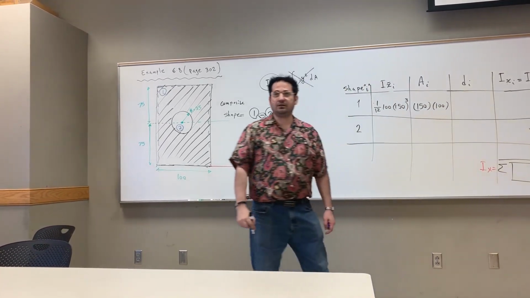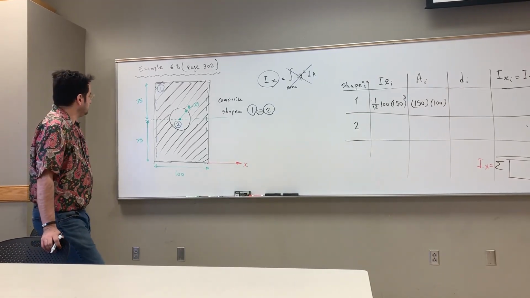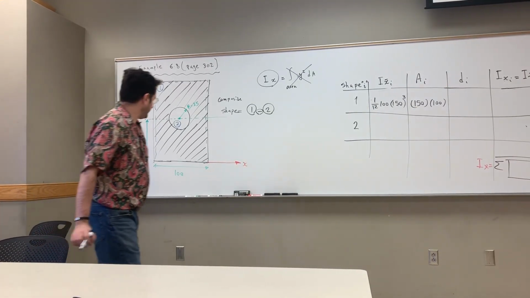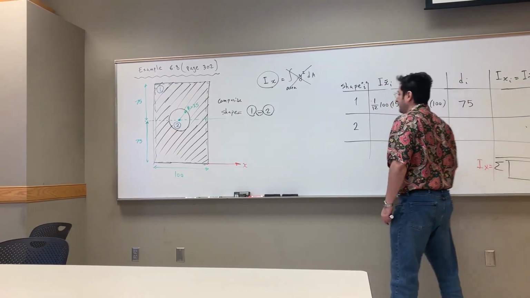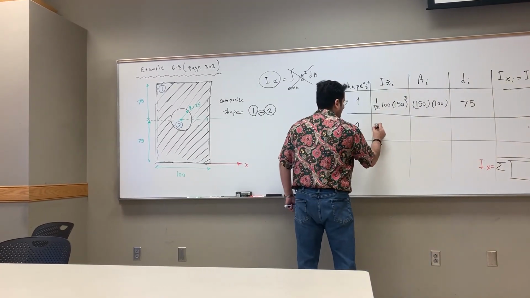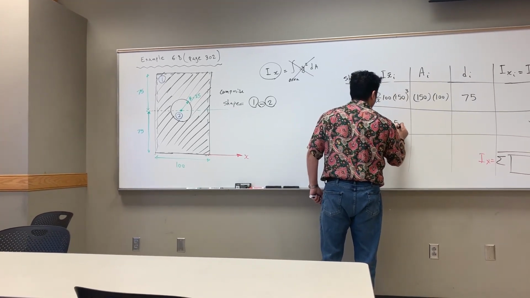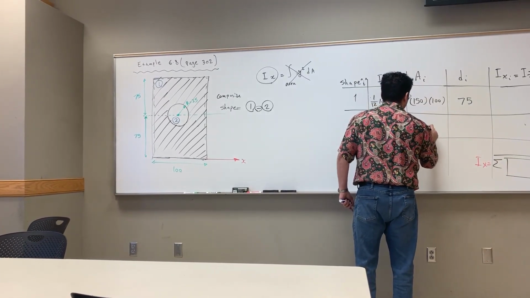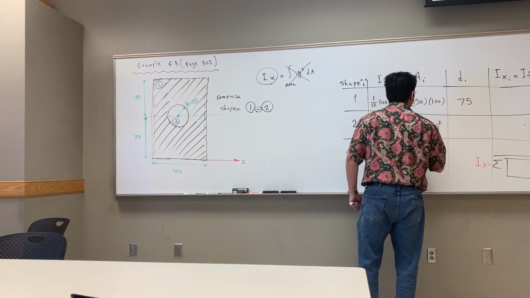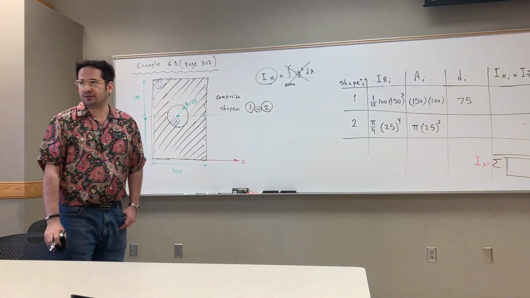And the distance, what should I put for d? 75. Now let's go to shape 2. Shape 2: pi over 4 times 25 to the fourth, area pi times 25 squared, and d 2. What should I put for d 2? 25?